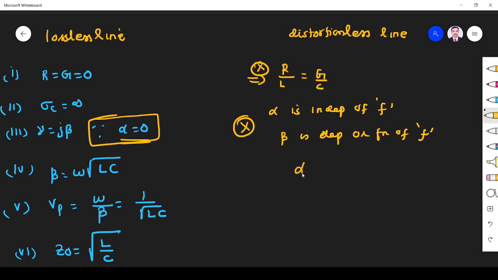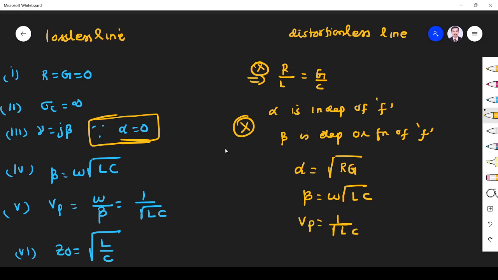And here alpha is not equal to 0. Alpha is equal to root of R into G. Right. So that is given. And beta is equal to, as usual, omega root LC. Vp, we will get the same answer, 1 by root LC.